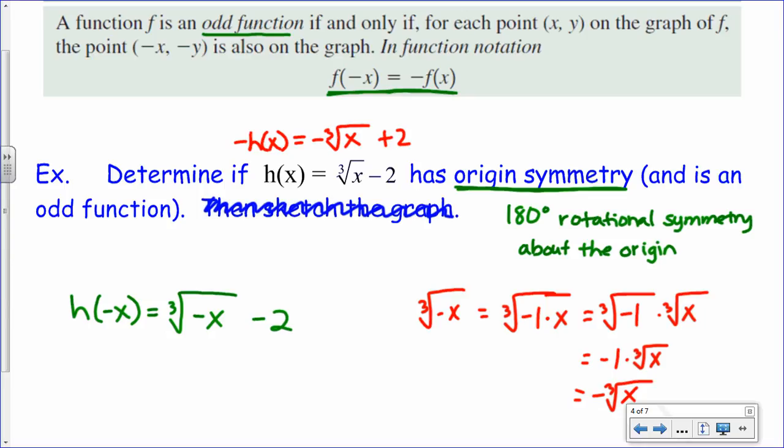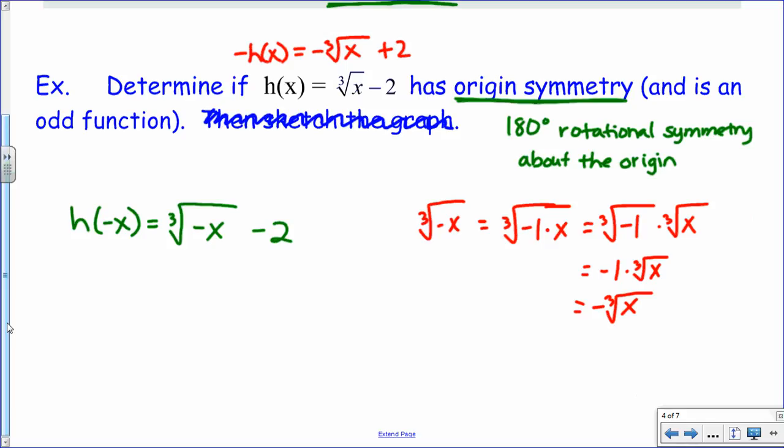This doesn't work with square roots or any even roots because you get imaginary numbers. So if you have an imaginary number, then you know that you can't just pull out a negative. If you have any odd power or root, then you can pull the negative out. The negative stays with it. So this was cube root. Let's look at this. This isn't part of this problem, but I just want to talk about these.